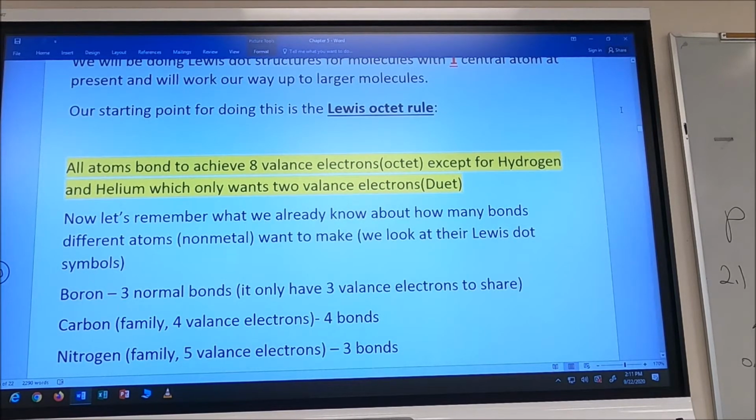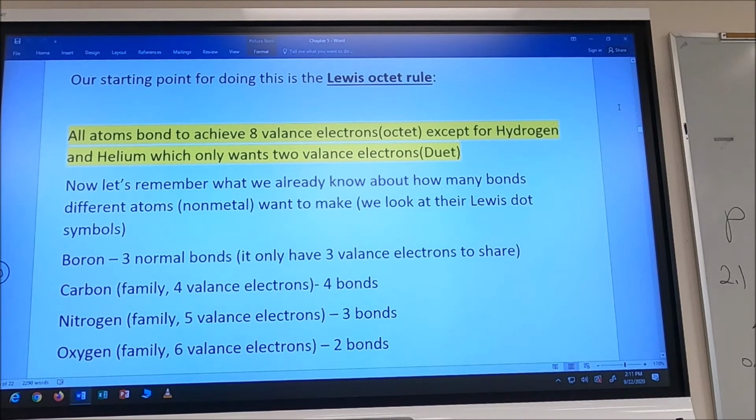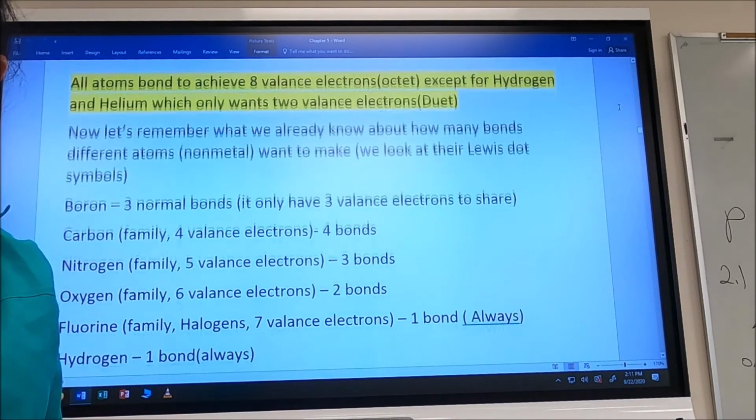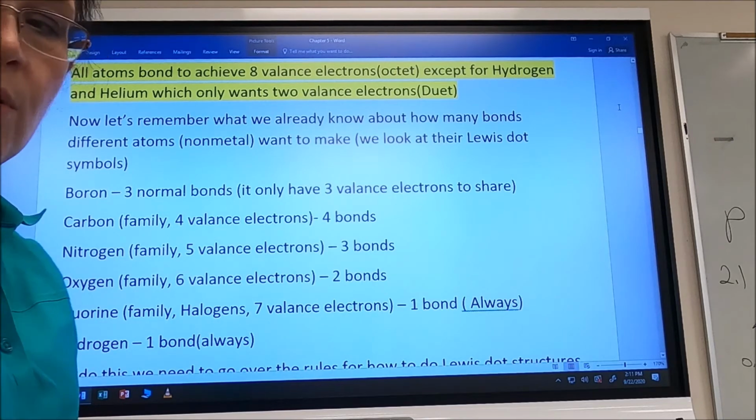Okay? Now, let's remember some things that we already know about how many bonds different atoms want to make. Specifically, we're going to concentrate on nonmetals, because nonmetals are where we see covalent bonding. Okay? Now, let's look at the periodic table for a second.